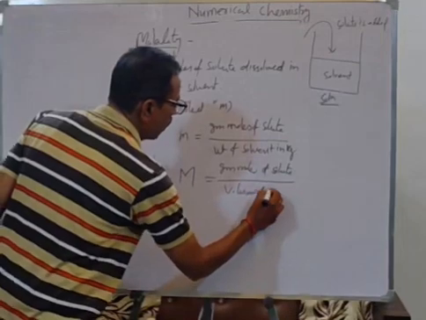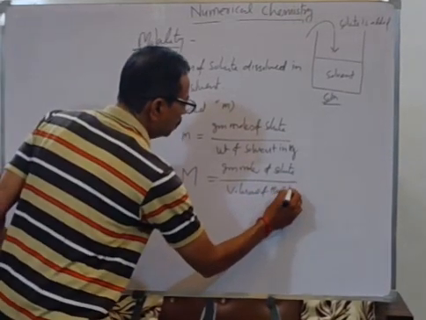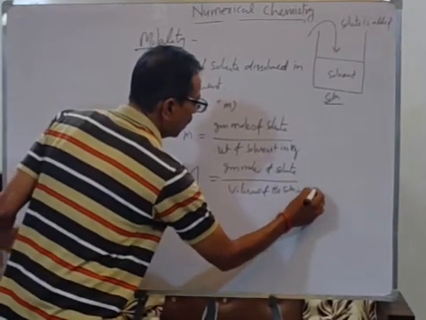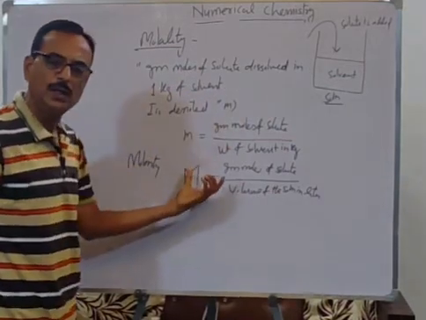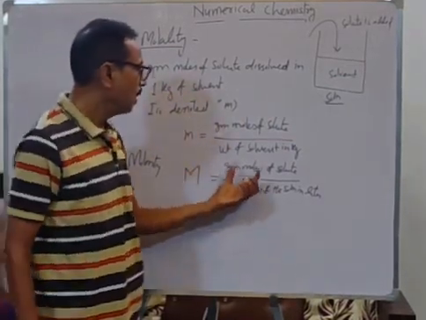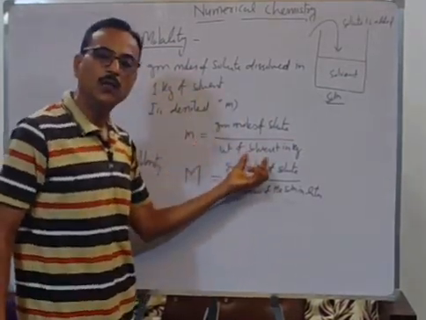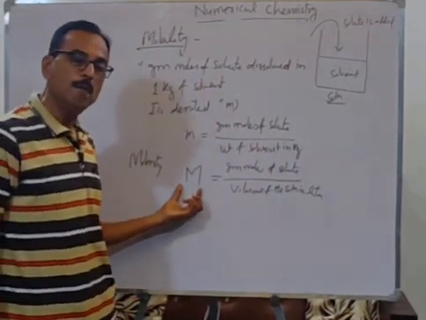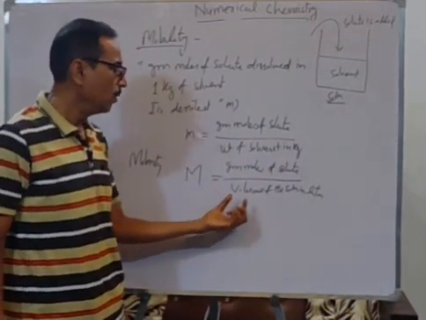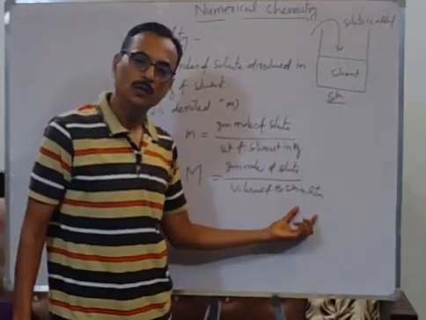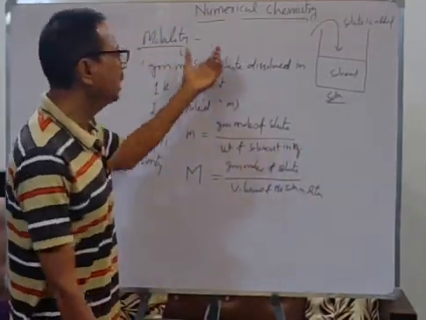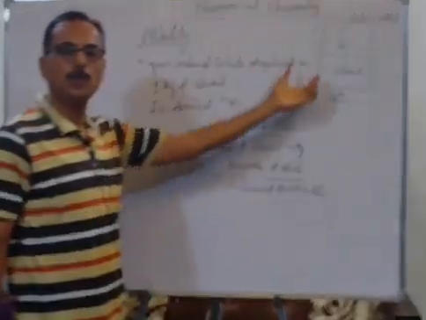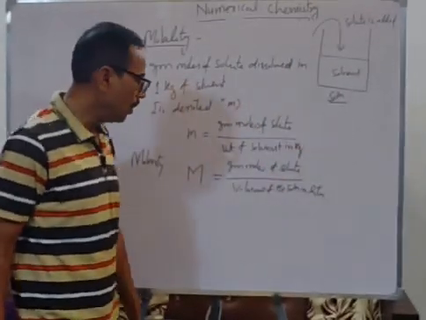Volume of the solution in liter. So the basic difference is, here in molality we take the weight of solvent, but in case of molarity we take volume of the solution. So the molality is defined as the number of gram moles of solute present in 1 kg solvent.